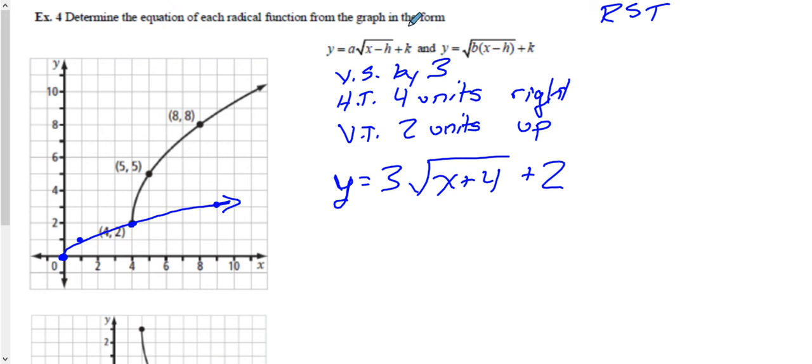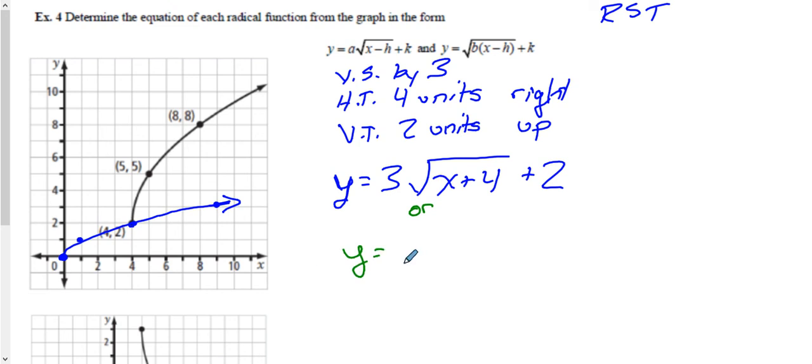But here, notice that it says to write our equation in a√(x − h) + k form and in √(b(x − h)) + k form. So now I got to rewrite this exact same equation that I just wrote here with this 3 inside the radical. Well, to move this 3 inside the radical, all you have to do is square it.